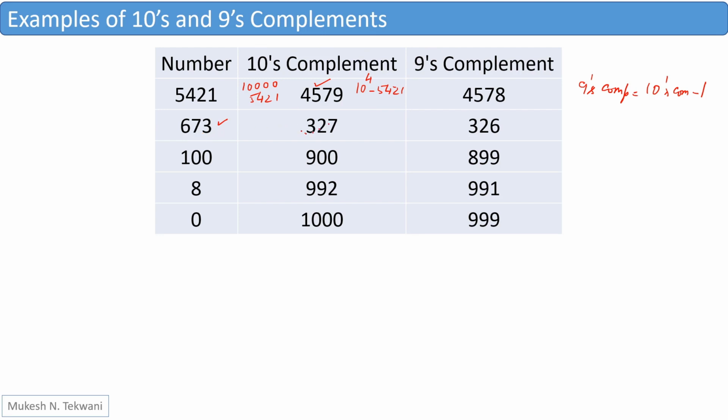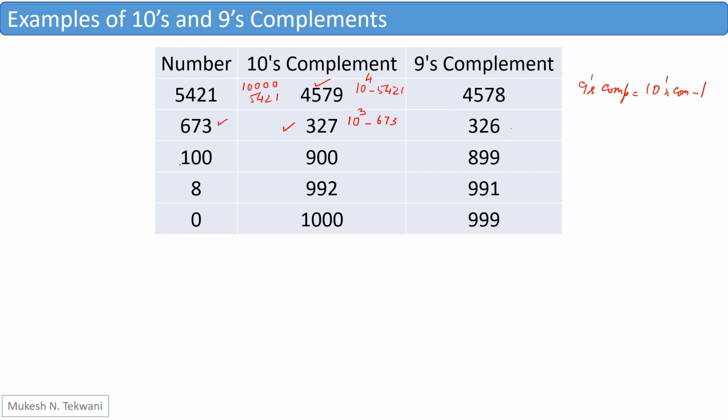Here we have 3 digits, and therefore we will find the tens complement by 10 raised to 3 minus 673. So that will become 1000 minus 673. That gives us this. The nines complement is of course again the tens complement minus 1. So 327 minus 1, that is 326.